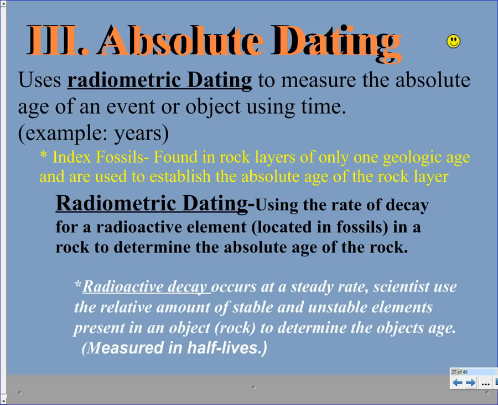Scientists use the amount left, in parentheses put stable, and the amount decayed, put in parentheses, unstable, to determine the age.